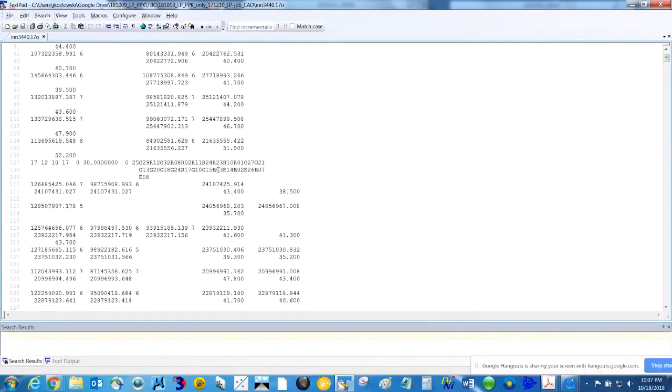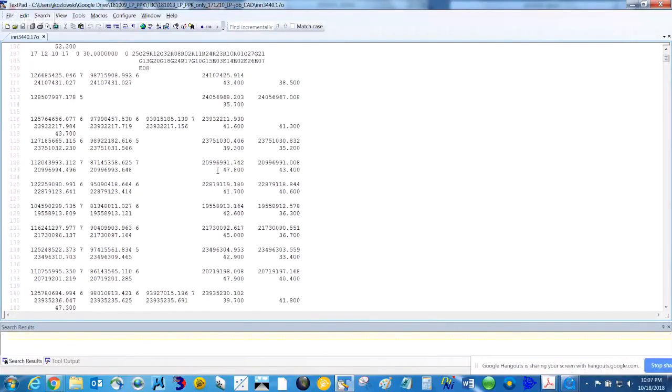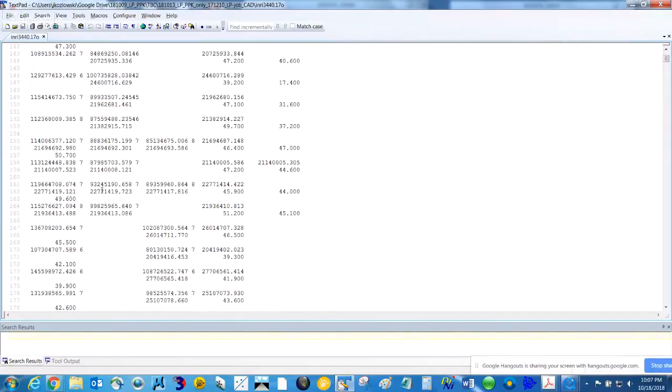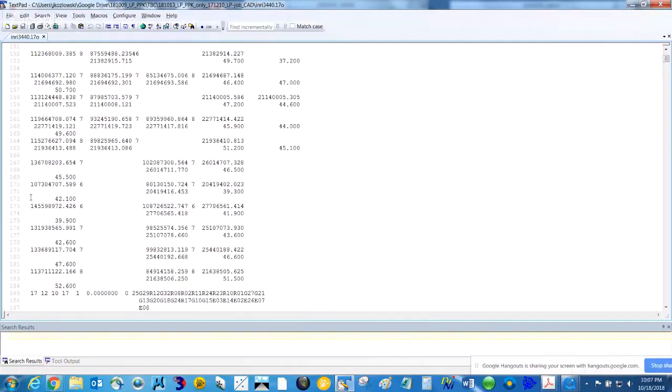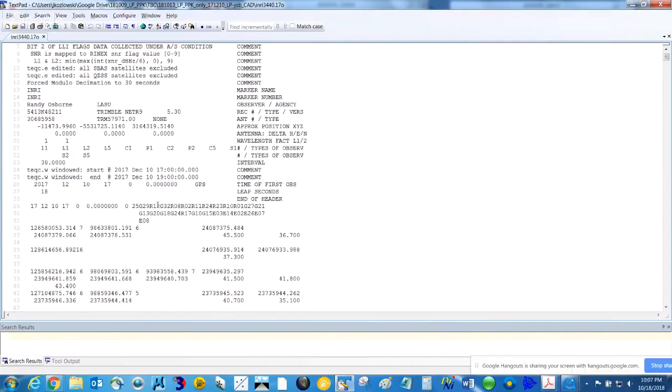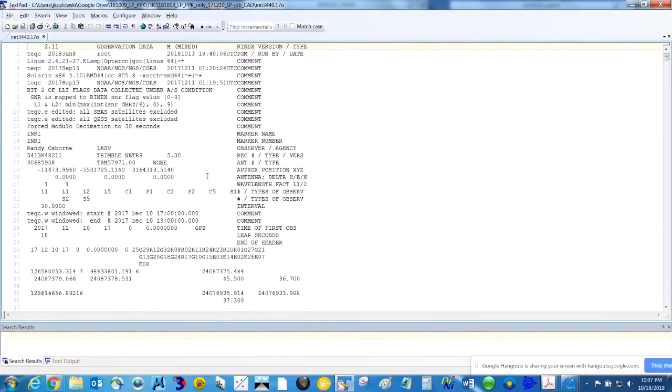So here's a RINEX file. It's just a lot of numbers, right? But I have a video that I'm going to show you a glimpse of where I go into detail on what is contained in this file. And it has ECEF coordinates. There's the ECEF. Are those the raw readings off the sensor? Yes.